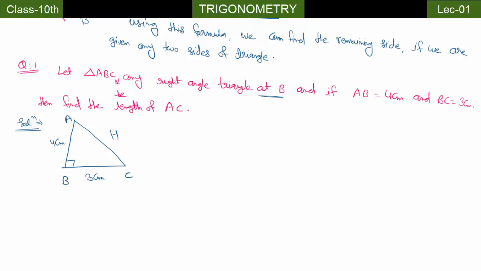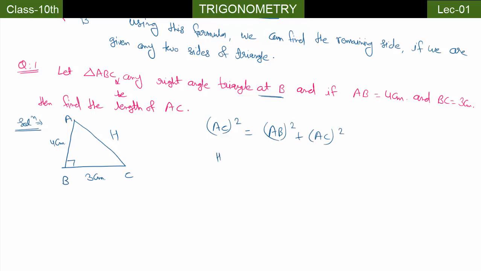What does the Pythagorean theorem say? The square of the greatest side, which is AC, is equal to the sum of the squares of the remaining sides. What are the remaining sides? That is AB and BC. Now I plug in all the values.